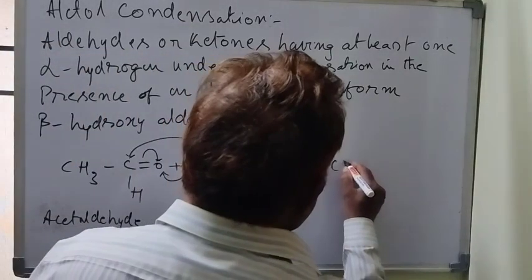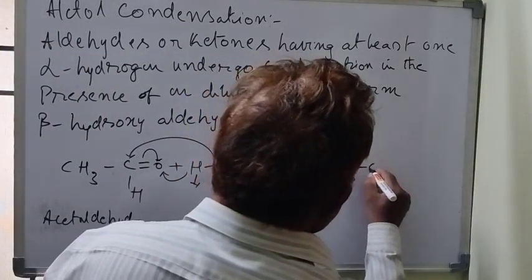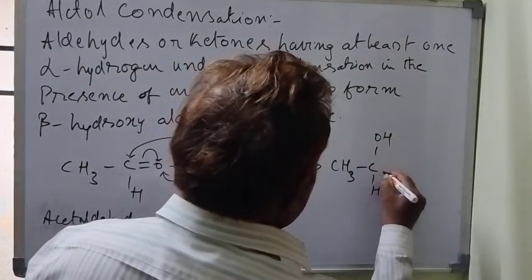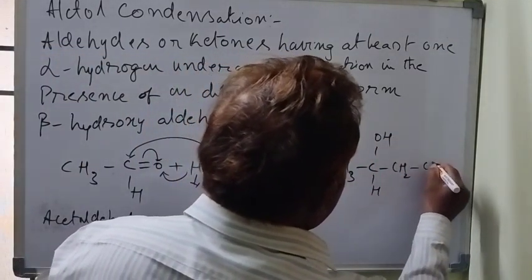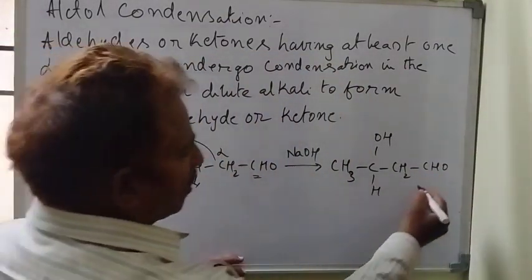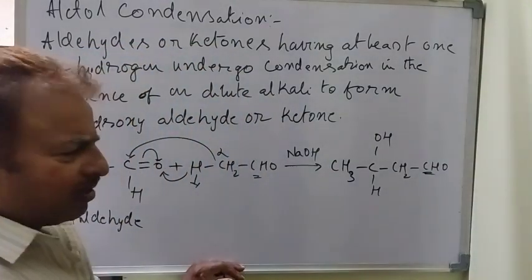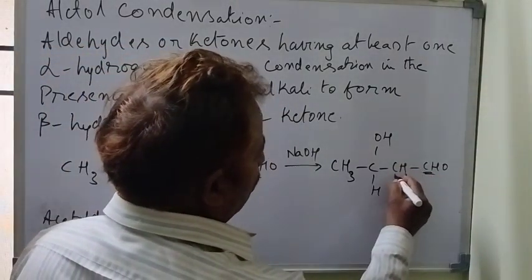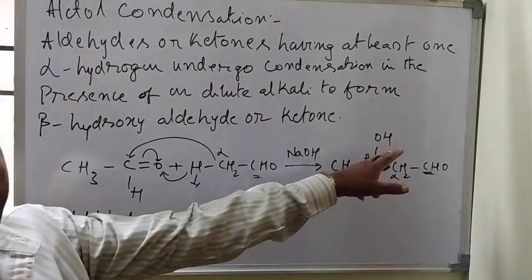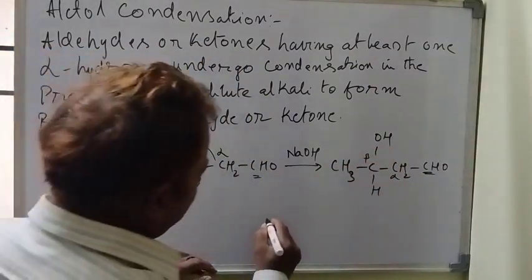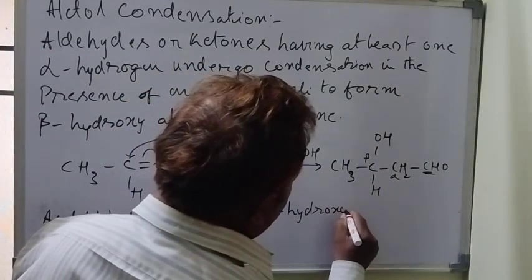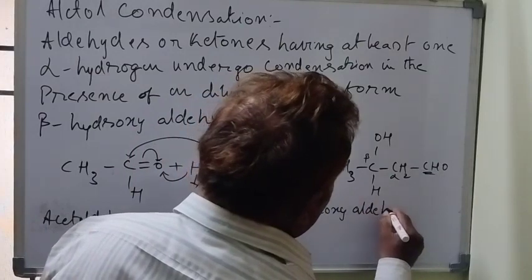Therefore, we get CH3CH(OH)CH2CHO. So this is the product. Now this is the carbonyl, this is the functional carbon, this is the alpha carbon, this is the beta carbon. Since a hydroxy group is present on the beta carbon, this is known as beta hydroxy aldehyde.